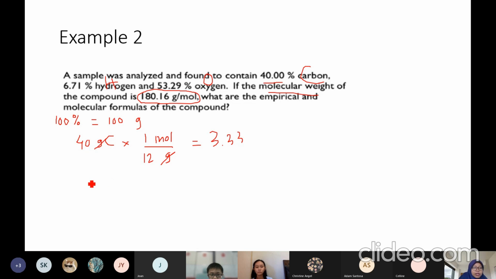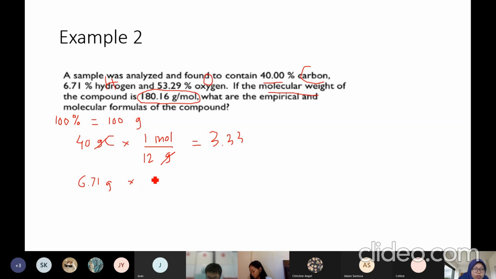And then go next for hydrogen, please. Hydrogen, how to find it? Celine, how about hydrogen? 6.71 grams.